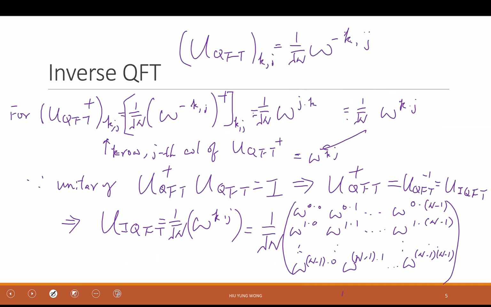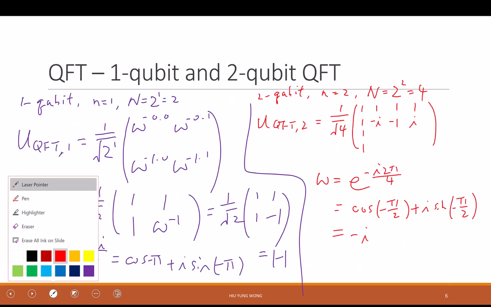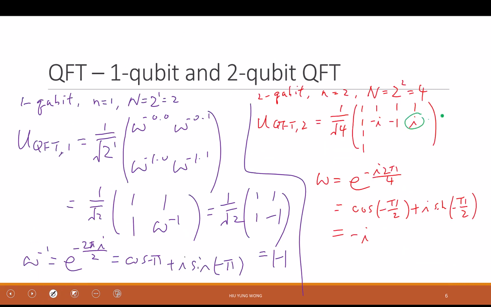If you don't like, you can definitely use this equation, right? Which is omega to the negative 1 times what? 1 times 3, right? Because n minus 1, you will get that.